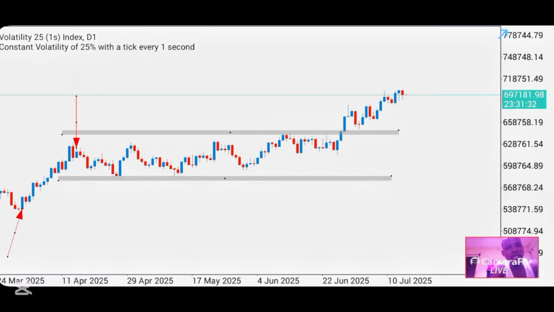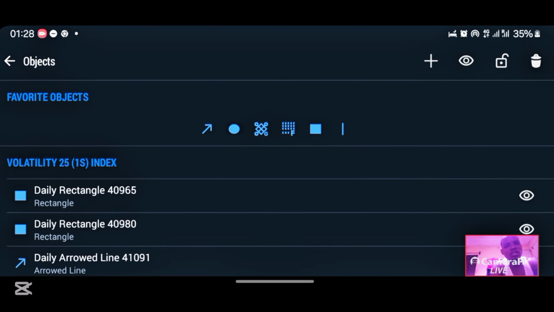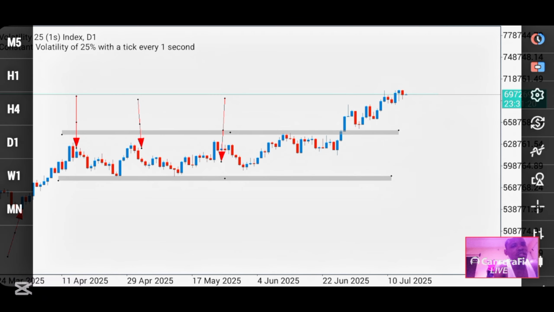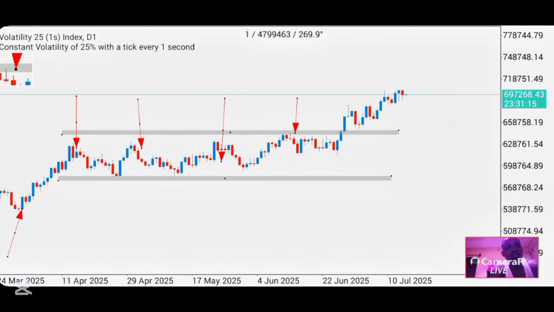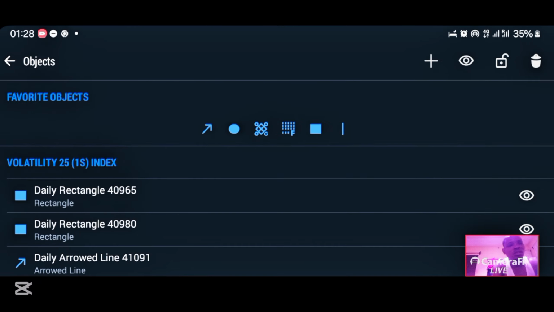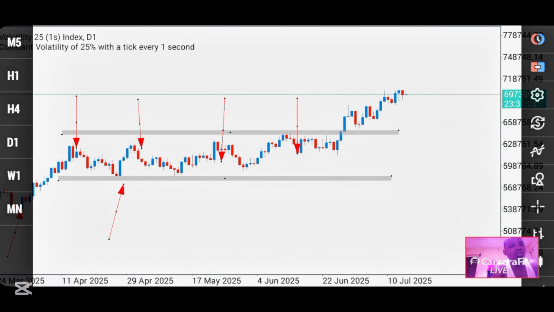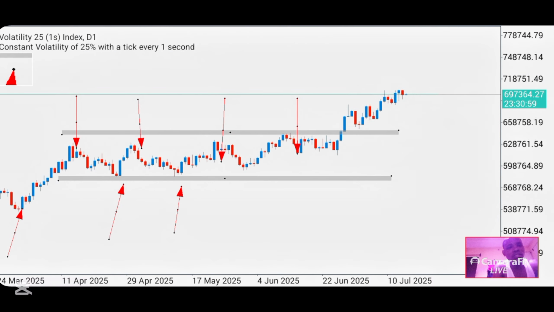So here you see this range. The market doesn't go anywhere. So this is where you draw your supports and resist level. Technical analysis is based on supports and the resist.